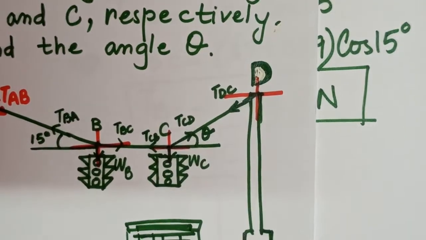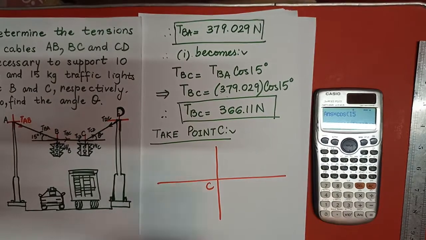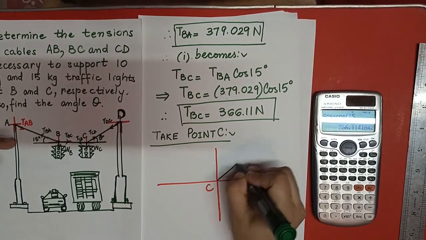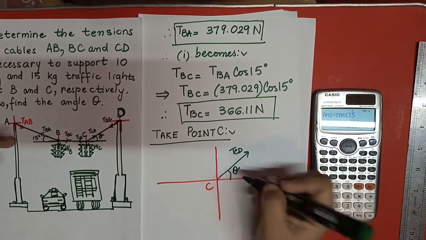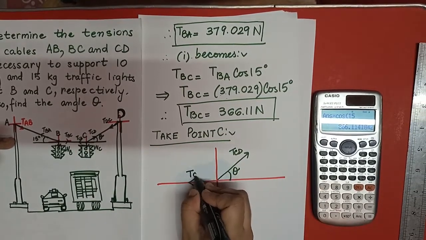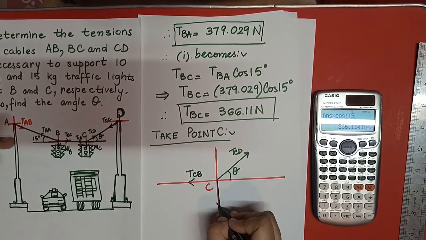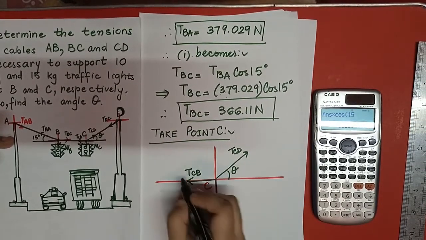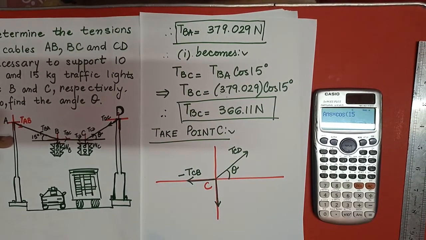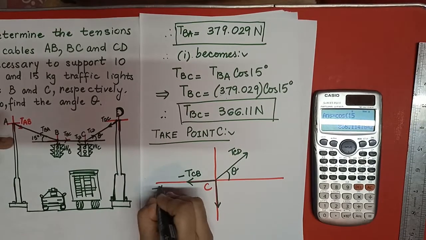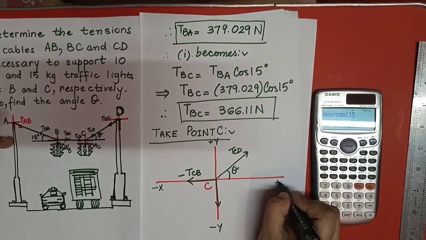I have to draw these forces on the axis. This is TCD, and this angle is theta. This is TCB, which we have already calculated at point B, and there is a weight acting downward. And this TCB should be negative because it is lying exactly on the negative x-axis. This is the positive y, this is negative y, and this one is the positive x.